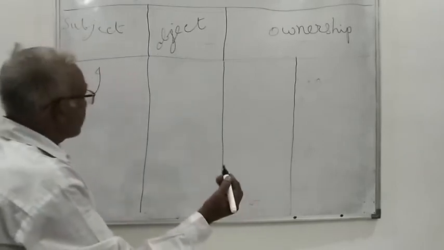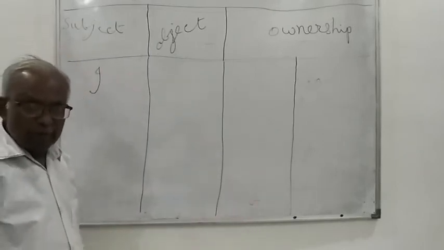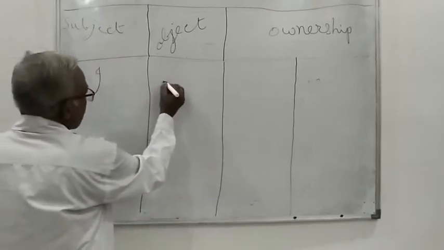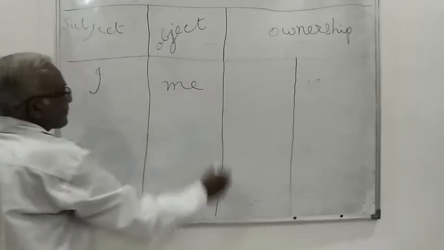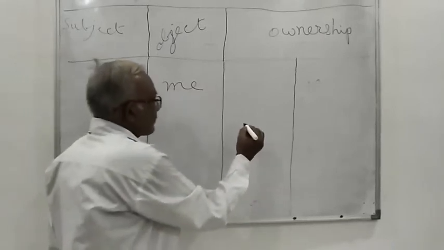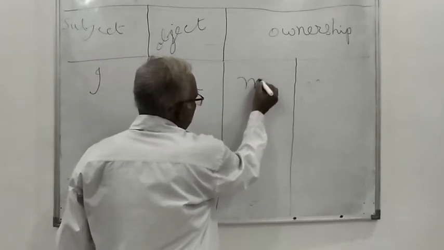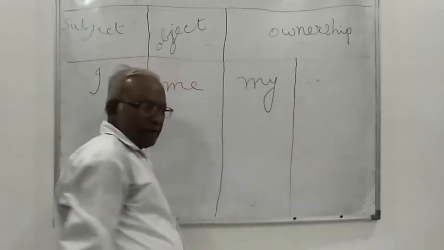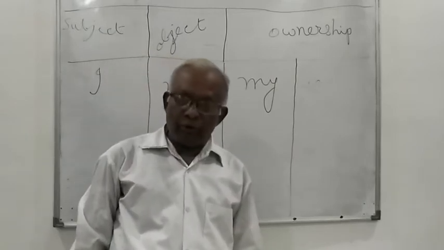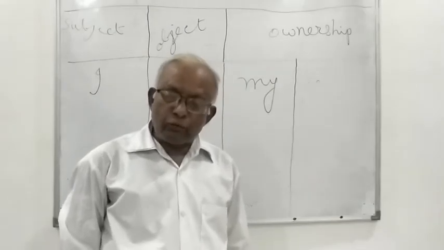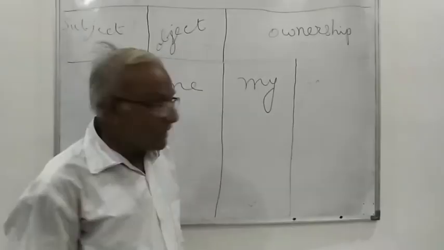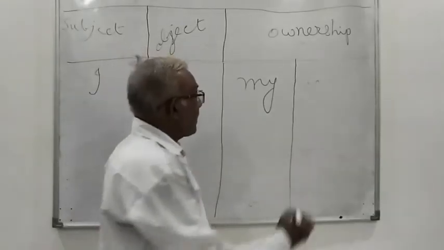Suppose you are talking to me, and there to me is therefore object. Similarly, if I say my pen, my means ownership. I am the owner of the pen. We can also use it as sentence ending, and that is, this pen is mine.